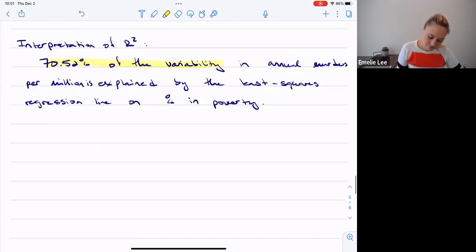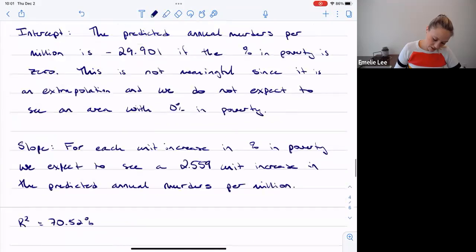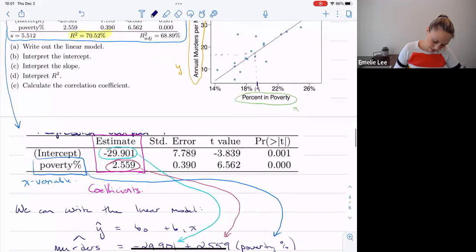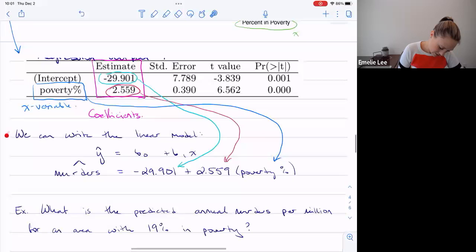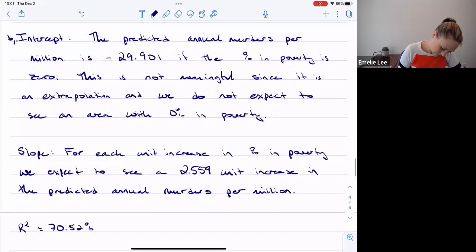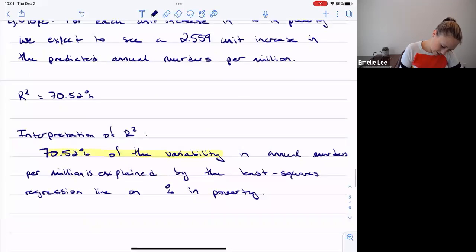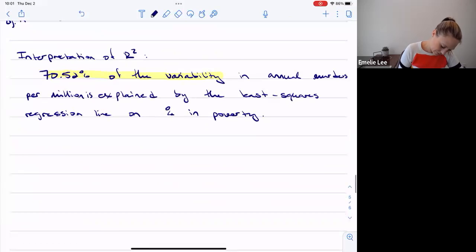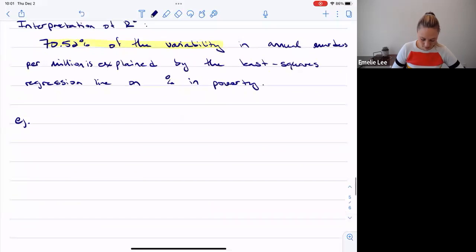Okay. So the R squared, I guess I could have labeled this A, B, C, D, E. So we want to calculate the correlation coefficient.